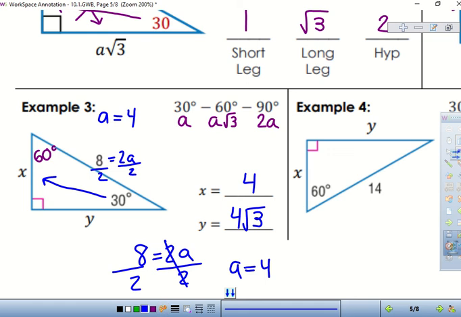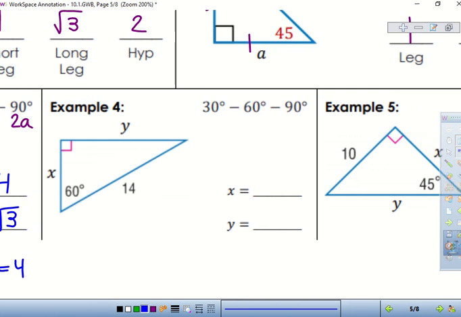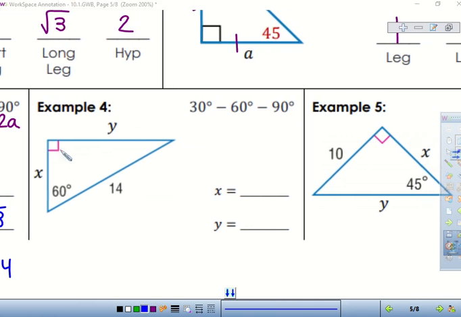Okay, moving on. So, here we have 90 degrees, we have 60 degrees, which means this angle has to be 30. Now remember, the ratio of sides is a, a radical 3, and 2a. Now which side did they provide us with? 2a. So we're going to set this equal to 2a. And then we're going to do what? a equals 7. Good.